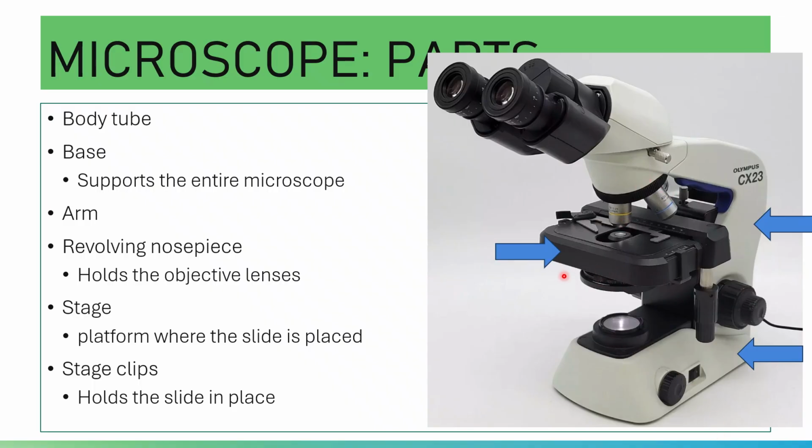And then you have your stage. The stage is a flat platform where the slide is placed. It has a central hole that allows light to pass through the specimen.